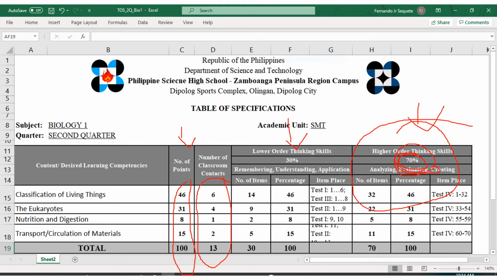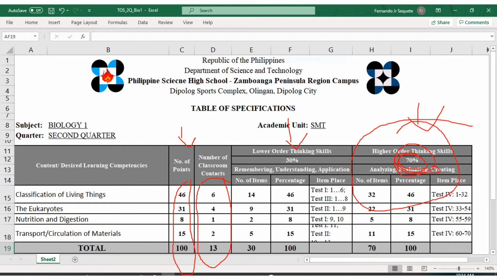Please take note that lower order thinking skills cover remembering, understanding, and application. Okay, this is very shocking, no? Because according to my understanding, problem solving, for example, when you compute, like the topic is business mathematics, and your instructor Jezreel Martinez discusses profit, commission or whatsoever, and then you are given a problem and you have to compute it.